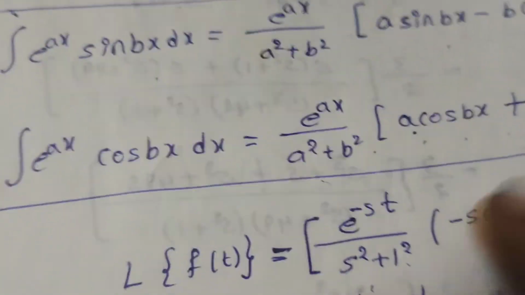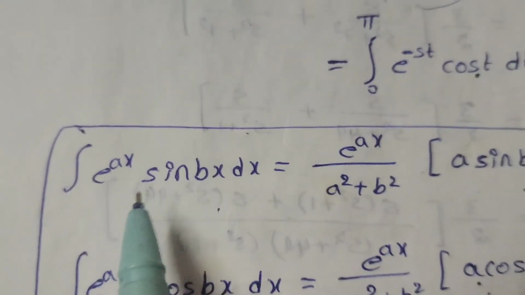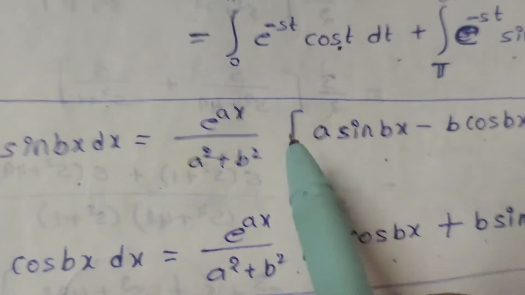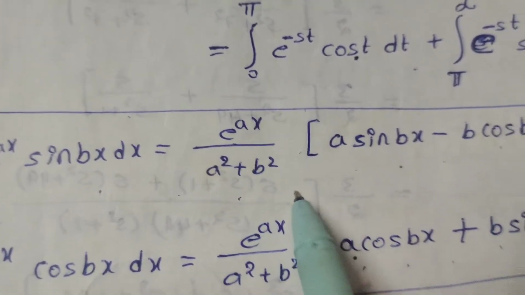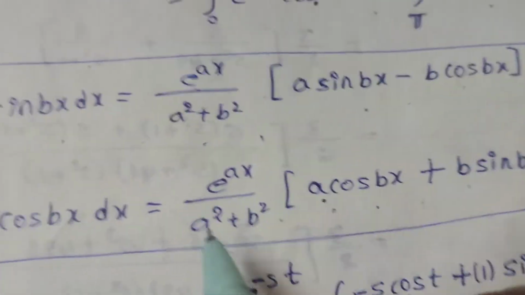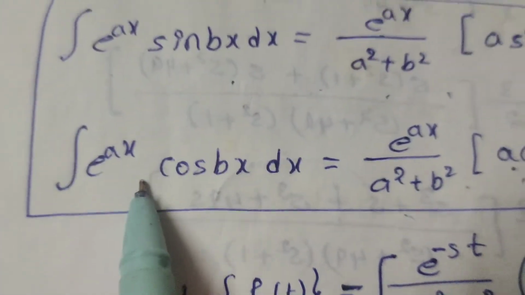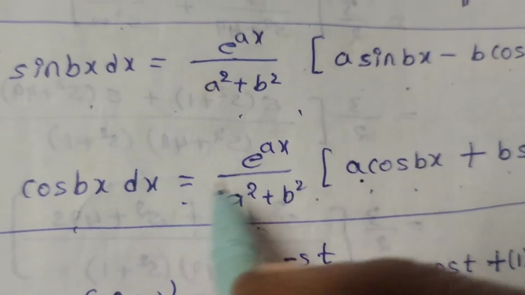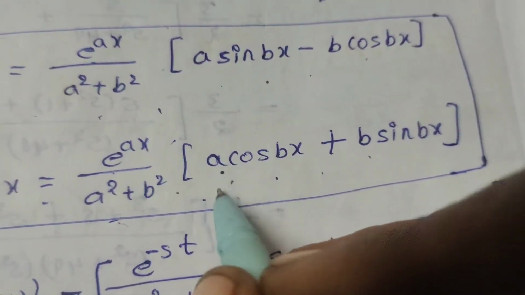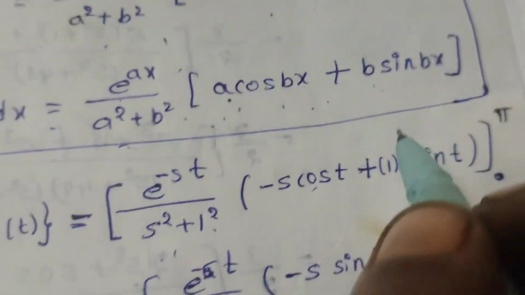Next, applying the formulas: the integral of e^(ax) sin bx dx equals e^(ax)/(a² + b²) times (a sin bx − b cos bx), and the integral of e^(ax) cos bx dx equals e^(ax)/(a² + b²) times (a cos bx + b sin bx).